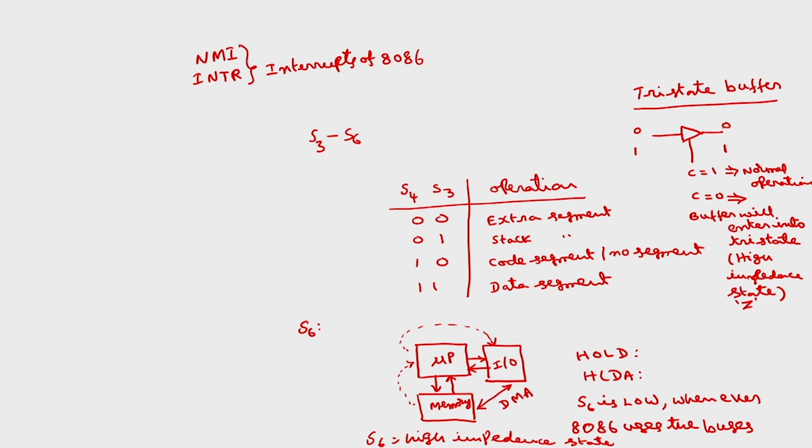If I take the high impedance, what happens? It will almost act as an open circuit, meaning it will not draw current from the device which is connected to this output.